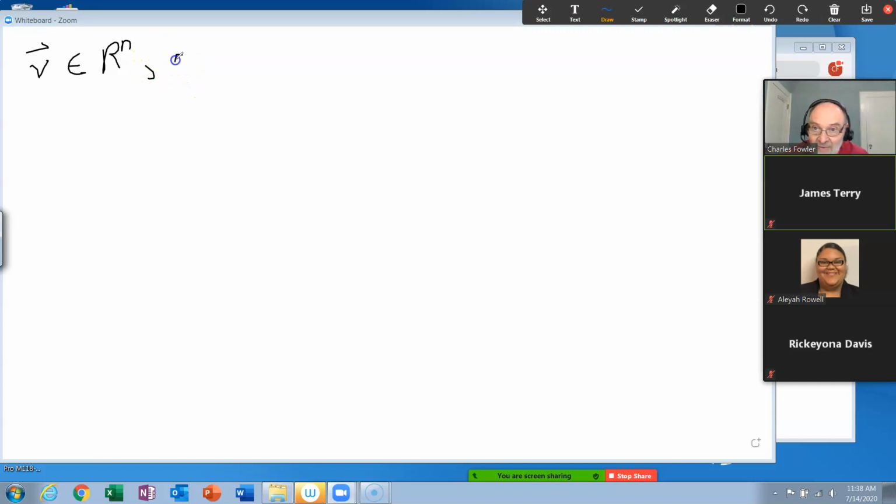C is a scalar. Any scalar, any real number, positive, negative, fraction, decimal, rational, irrational, it could even be zero, but usually we don't use zero. Then the following properties are true.